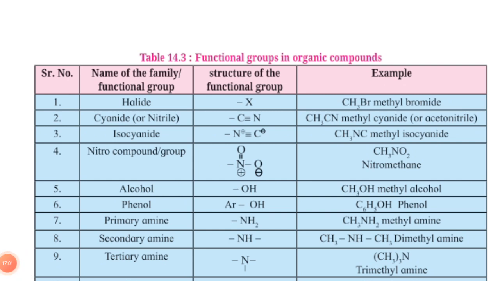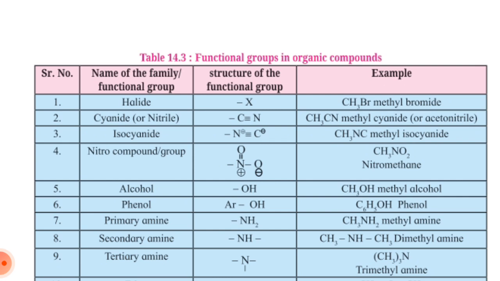Name of the family or functional group. Structure of the functional group. Example. Halide, X, CH3Br, methyl bromide. Cyanide or nitrile, C triple bond N, CH3CN, methyl cyanide or acetonitrile. Isocyanide, N triple bond C, CH3NC, methyl isocyanide.